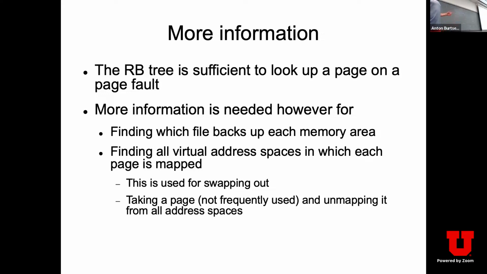But if we want to take a page out, we identified a page somehow. If I ask you a question, how do you monitor activity of a page? How do you know whether it's a cold page or a hot page, whether it's a working set of a process or an idle page?